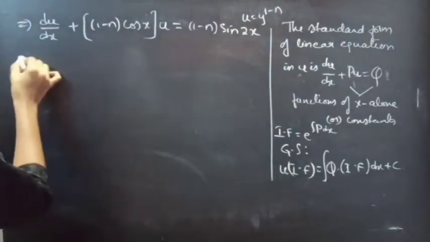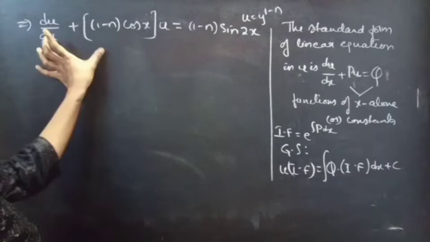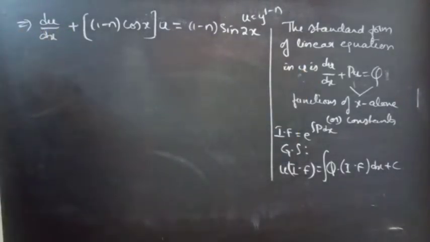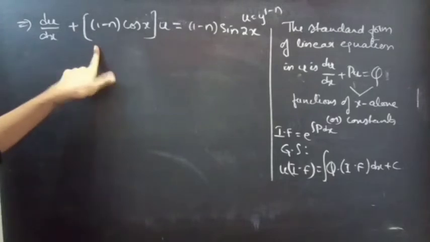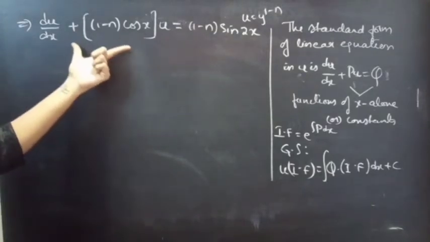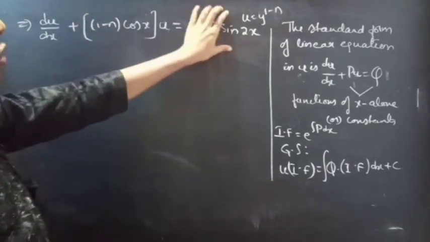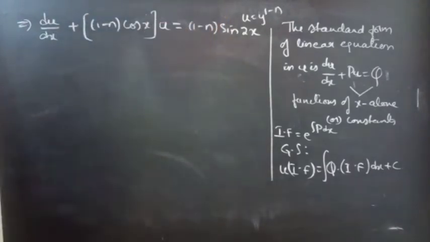Now, by comparing this equation with the linear equation in u, we can say that we have reduced the given equation to linear form. That is, this is linear in u: du/dx + function of x times u equals function of x, right?